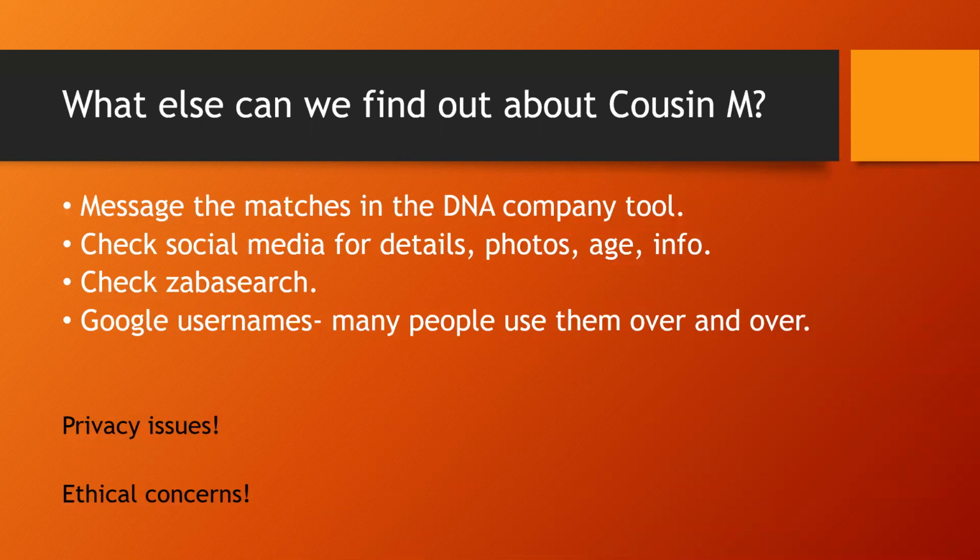Really think about, okay, if my hypothesis is true, then what ramification might that have for another person? I do think we have an obligation to be kind. And I also think that we have an obligation to consider that what we may discover might be something that's been hidden for a long time for a number of reasons.